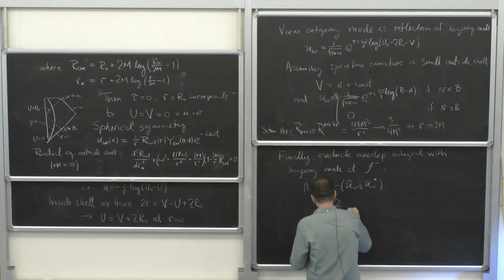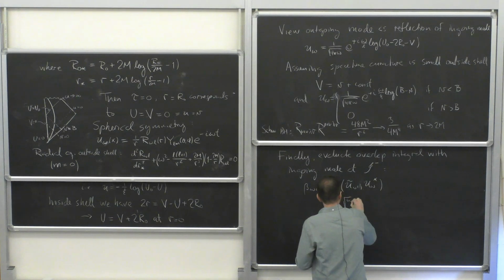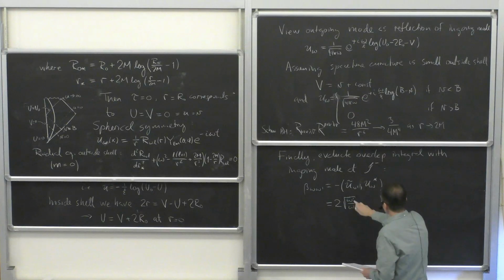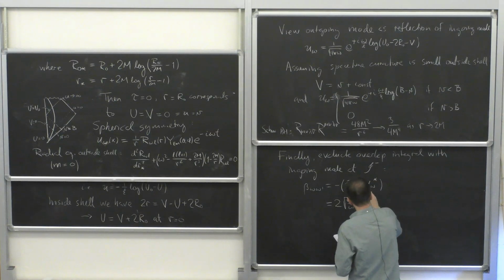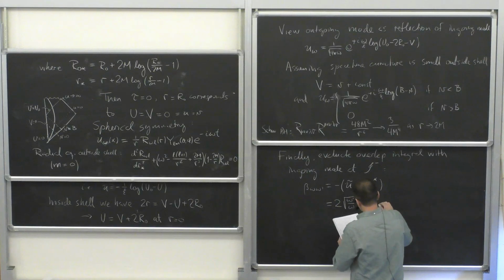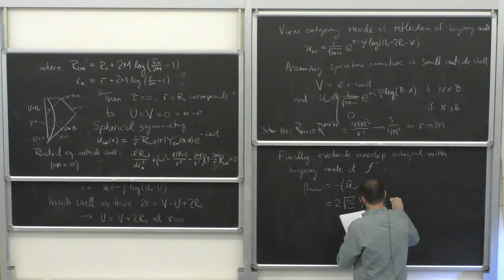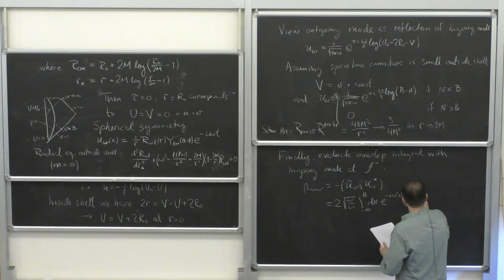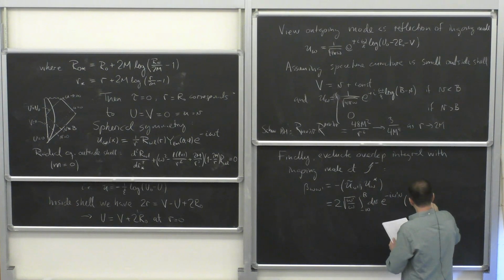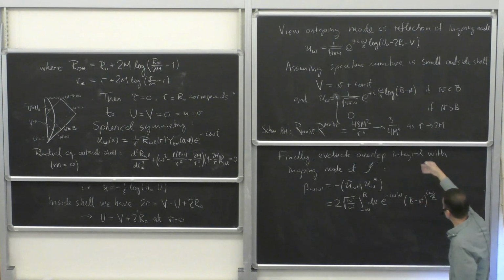I'm going to get twice, when my integration by parts switches this guy upstairs, the integral from minus infinity to b dv of e to the minus i omega prime v, and a b minus v to the power i omega over c, right? I've exponentiated the log here.